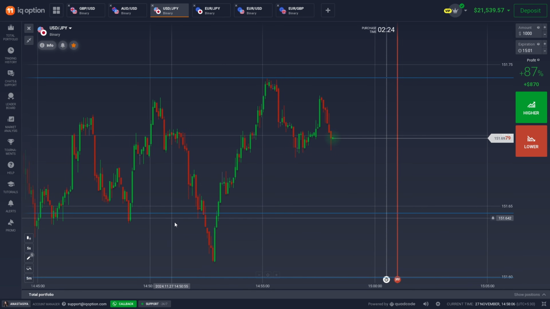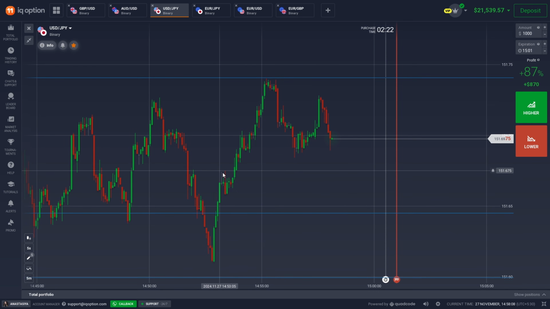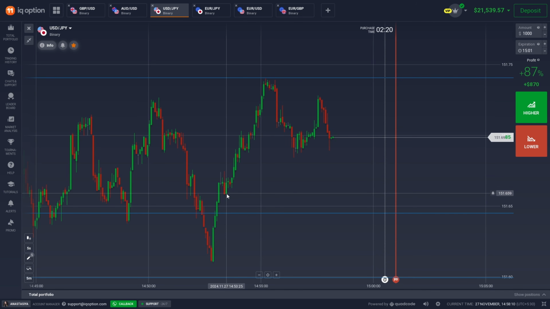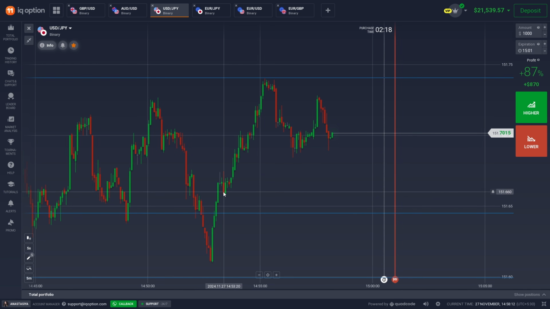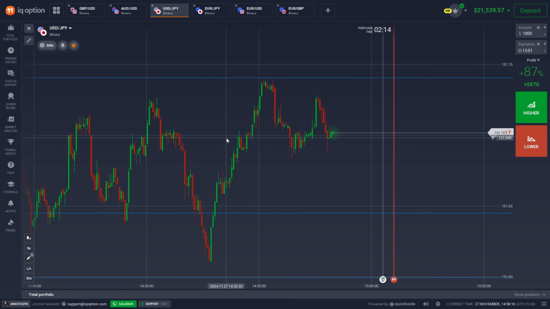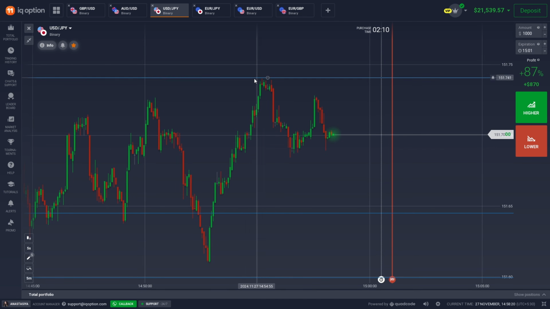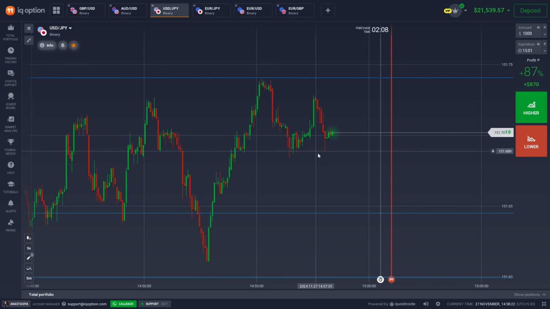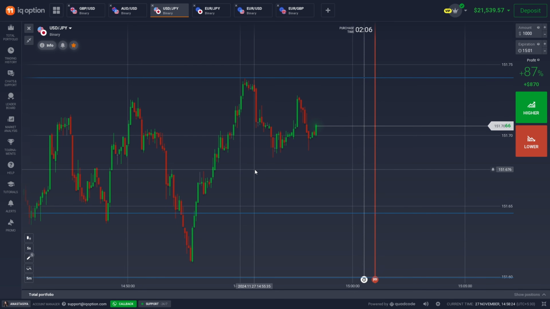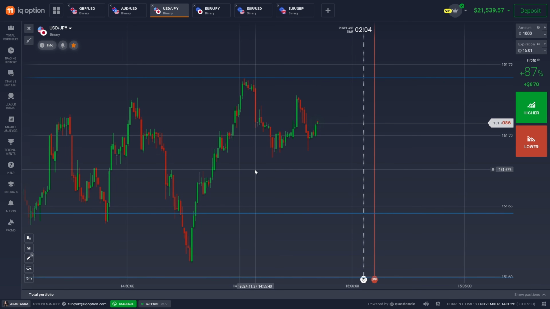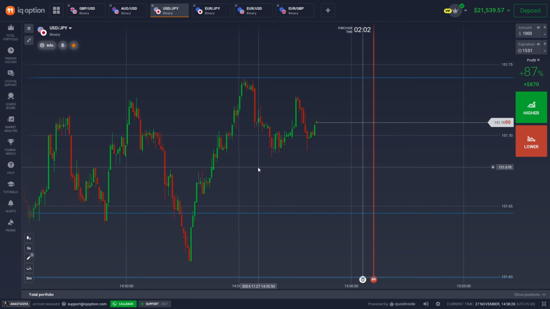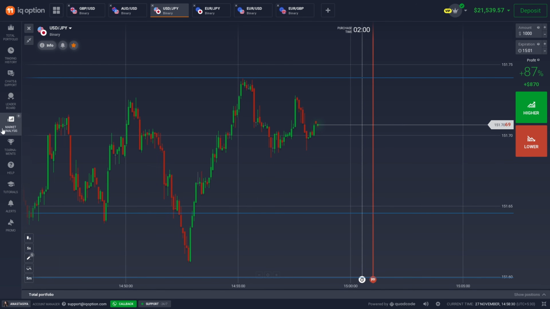But here I can see that this is the low, high, then the market pulled back and created a higher low and a higher high, higher low, higher high, higher low, and the market is now creating the swings which support that the market is in an uptrend.